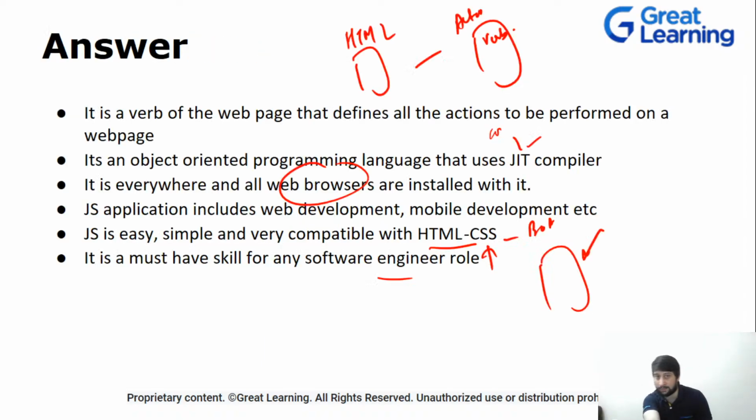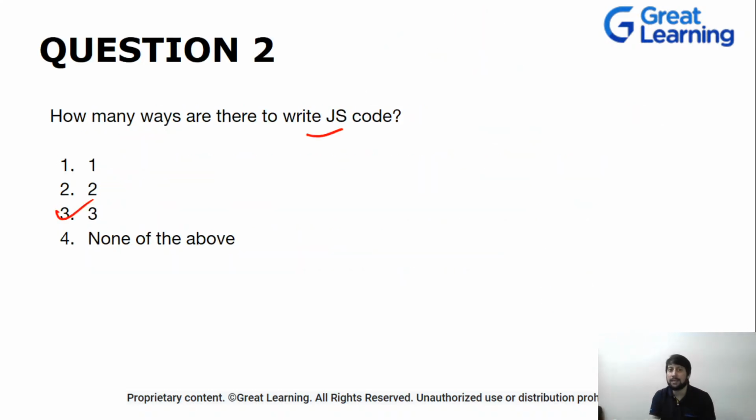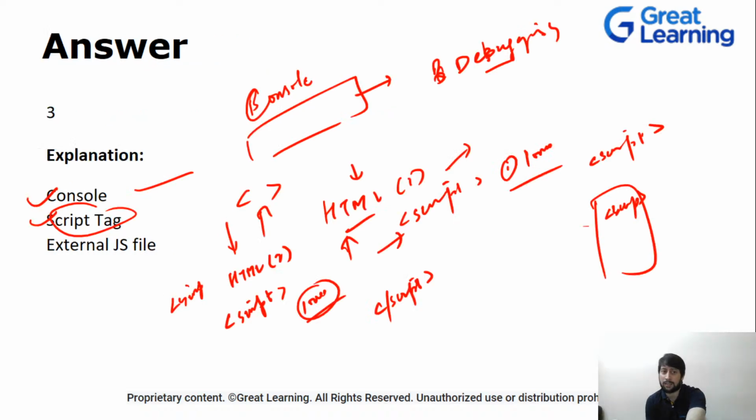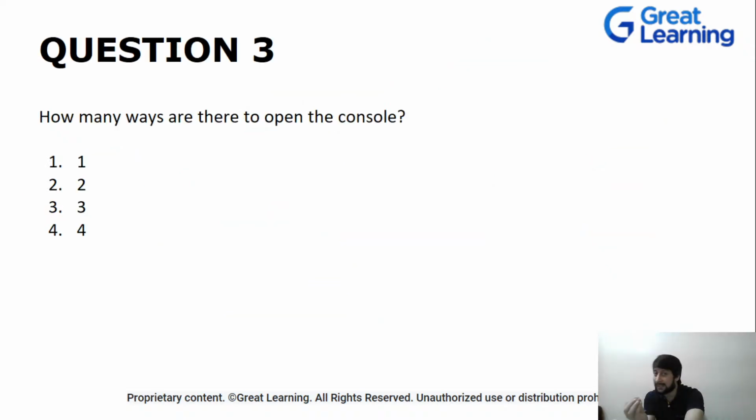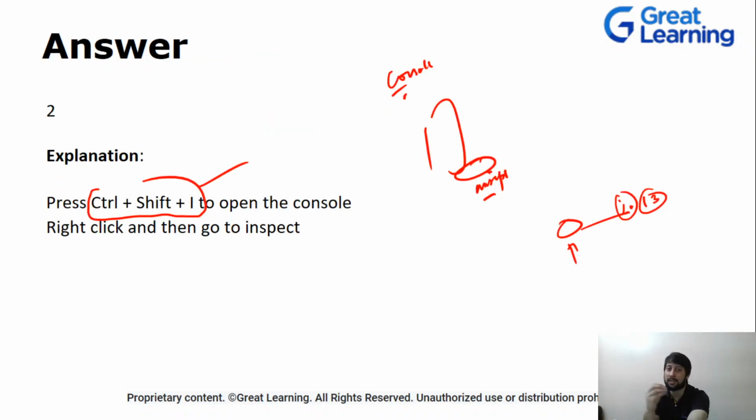We talked about different things, that it's a verb of the page, and any actions that you want to perform, you will use JavaScript. Then, how many ways are there to write JavaScript code? It was 3: console, script tag, and external JS, that is internal and external JS. Then, how many ways are there to open up your console? There are 2 ways. That means Control Shift I and directly going.